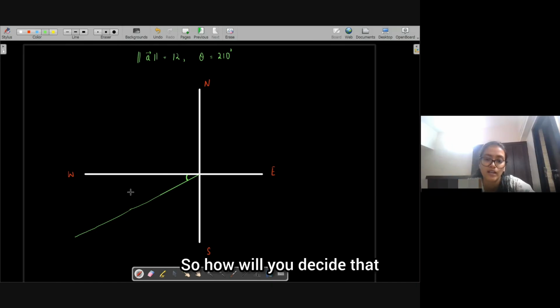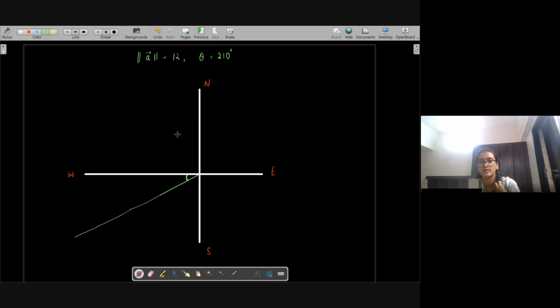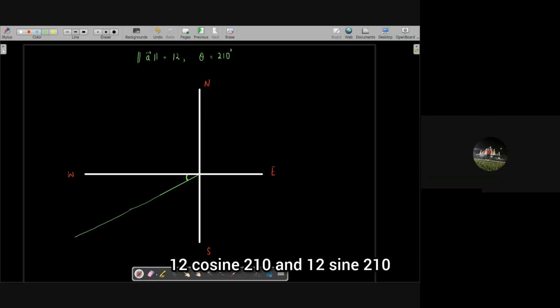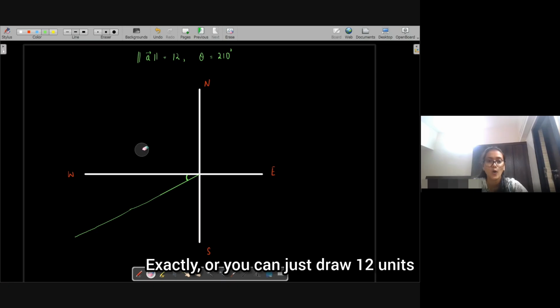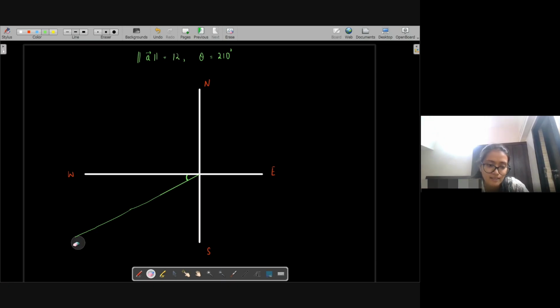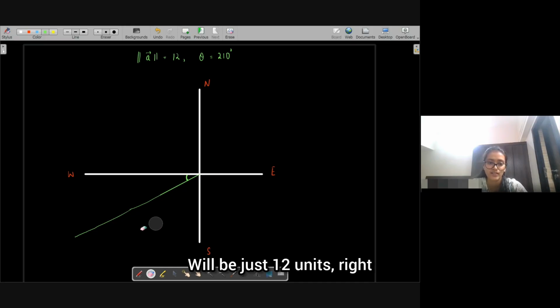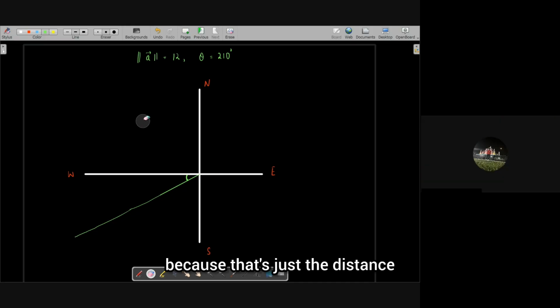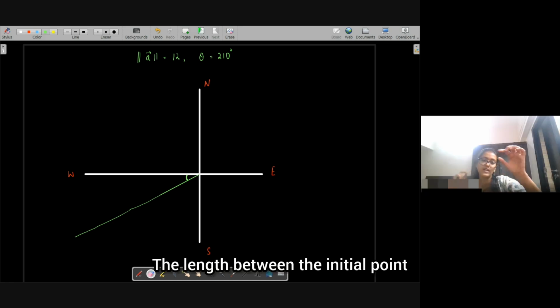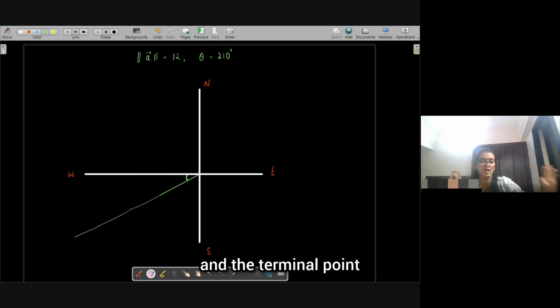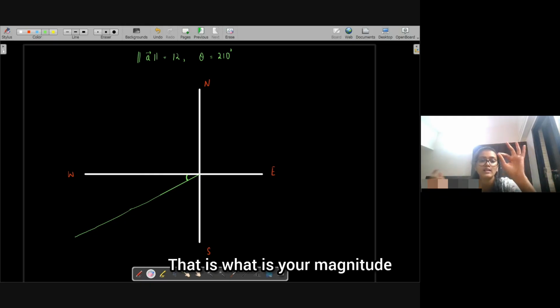How will you decide how much longer we should draw it? 12 cosine 210 and 12 sine 210. Exactly. Or you can just draw 12 units. No, because that's just the distance. The length between the initial point and the terminal point is your magnitude.